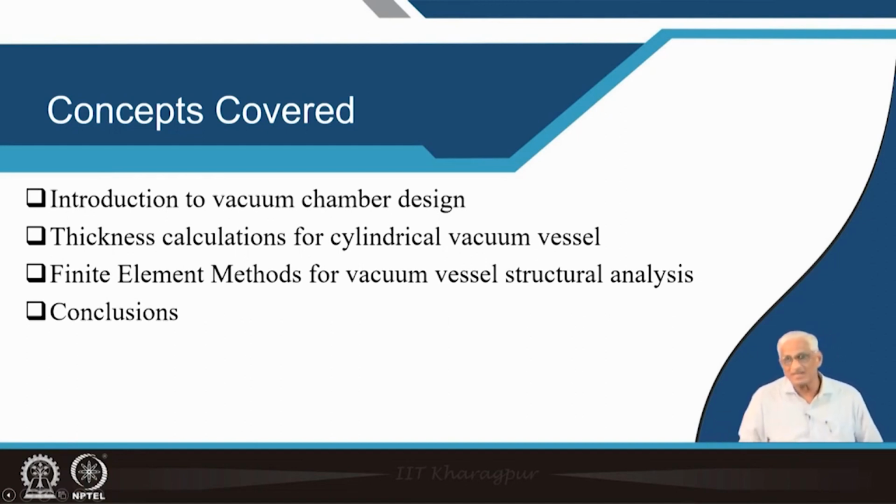These are all standard. Very good materials are available, very good components are available. What is to be done by the engineer in a particular application is mostly chamber design. That's why we are giving a lot of importance to the design of vacuum chambers.